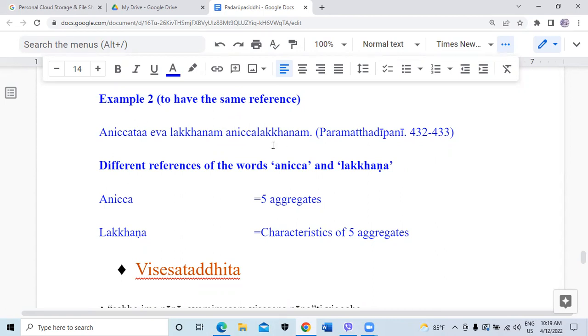So Sayadaw, why don't we consider anicca lakkhana as the tapurisa? I mean, jati tapurisa.